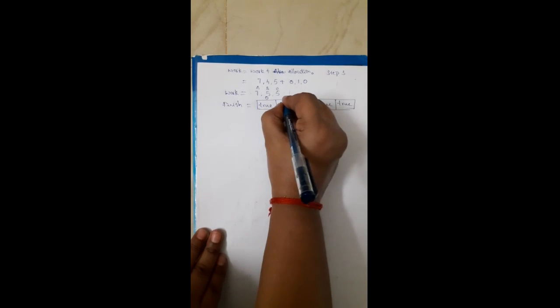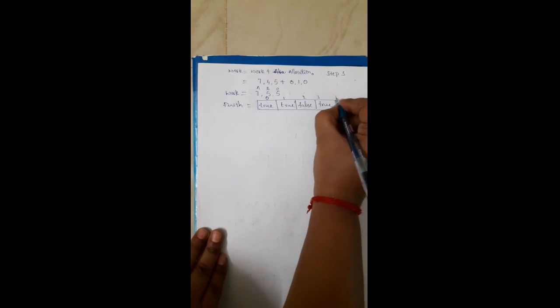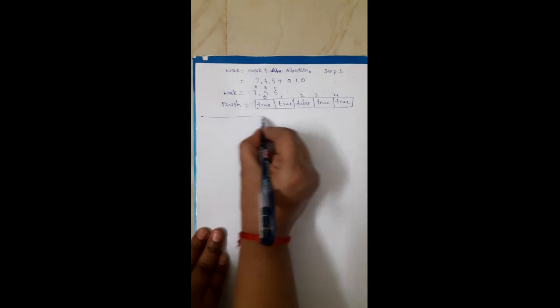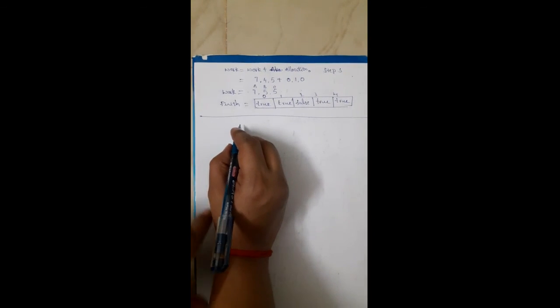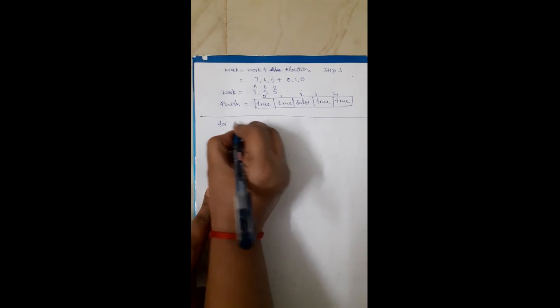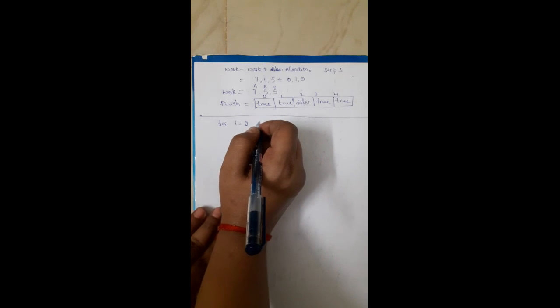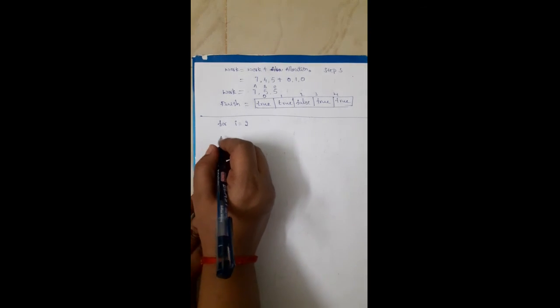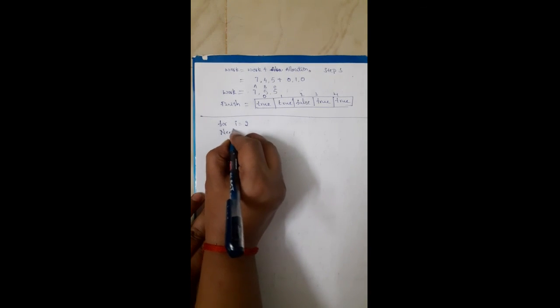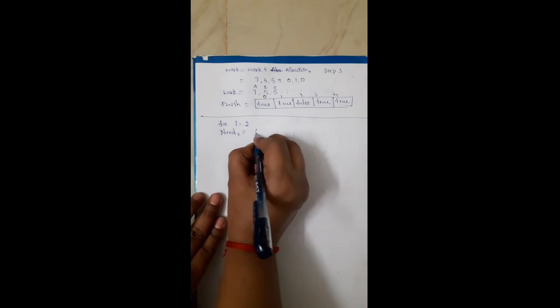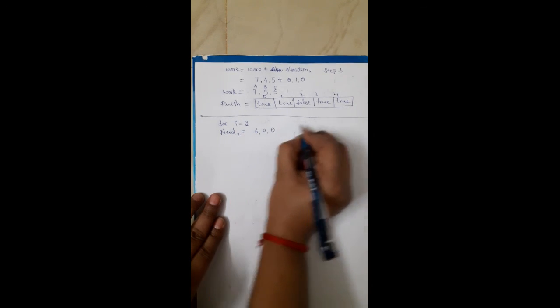This is 0, this is 1, 2, 3, 4. Fine. Now, which is the left out process? That is i is equal to 2. That is P2, right? What is its need? Need of 2 is 6, 0, 0.